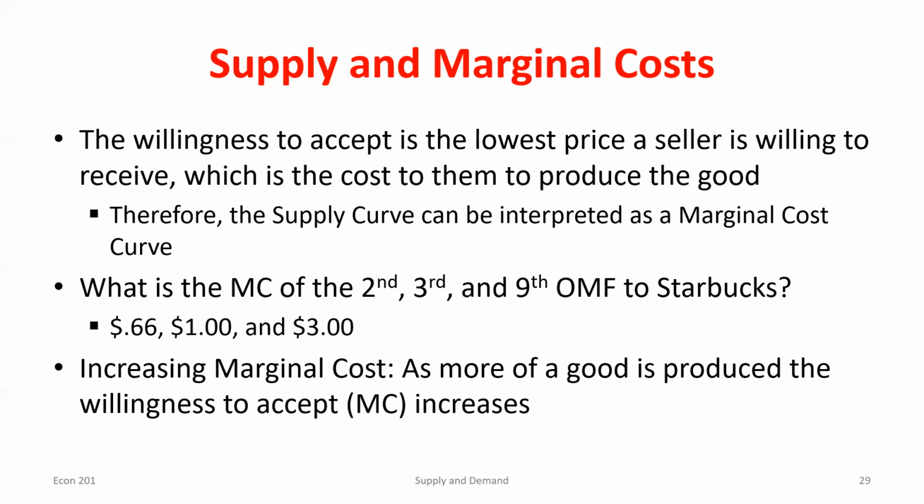So if the price was $10, you see here, well, for that first unit supplied, the marginal cost was way low. And then for the second unit, the marginal cost is still well below the marginal benefit, or the price the seller gets to receive.